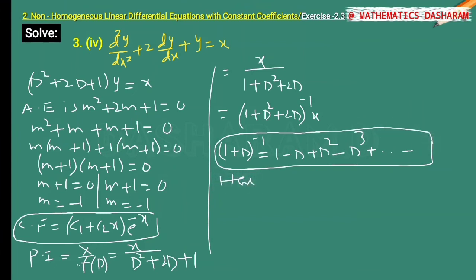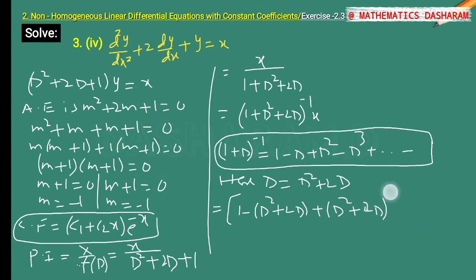So here at the place of D we have D square plus 2D. So then 1 minus D square plus 2D plus D square plus 2D whole square, dash, into x. So 1 minus, here ignore the higher derivatives, into x.